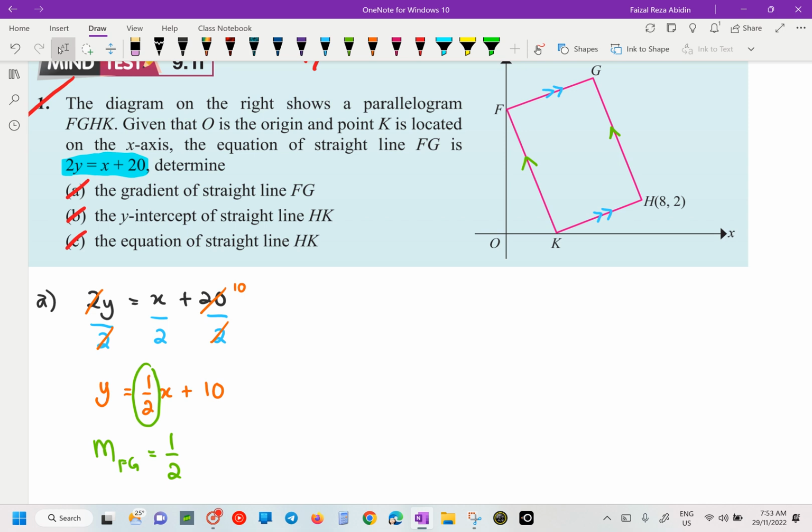Just now I drew it parallel with our FG. If parallel, what does it mean? What is the same? The gradient of FG will be the same as the gradient of our HK.